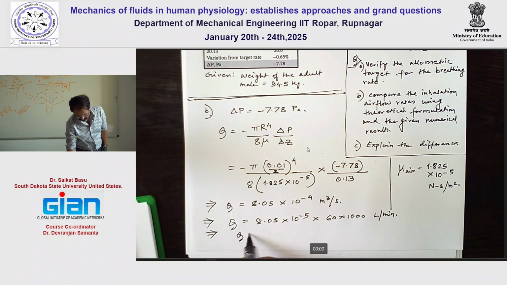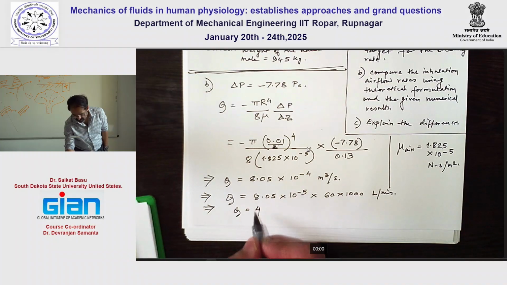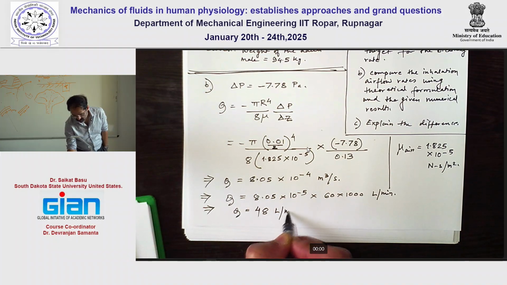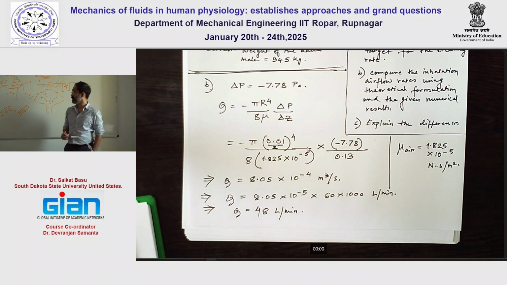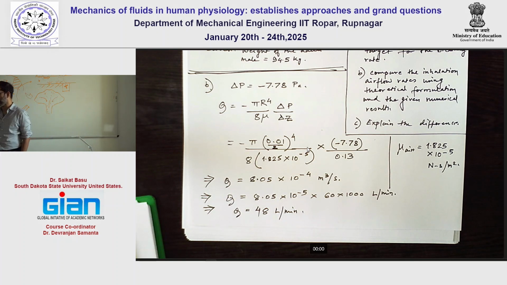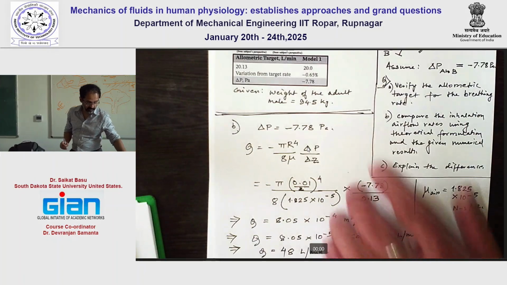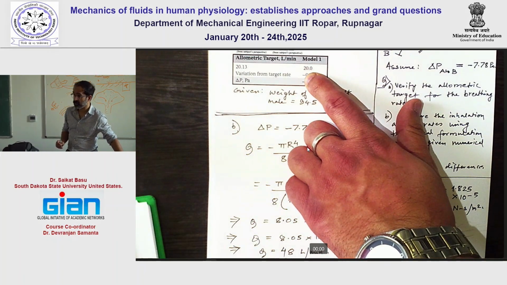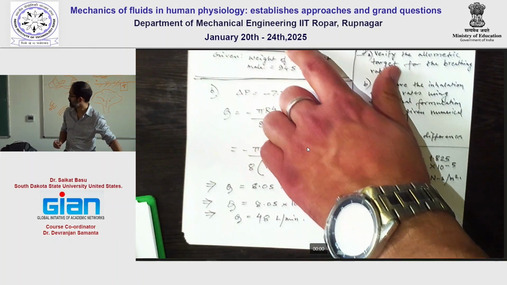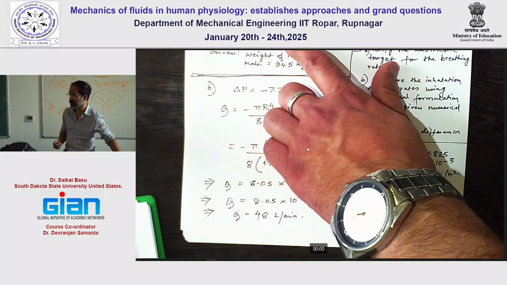So 48 liters per minute. So basically you see that the pressure drop of negative 7.78 pascals, which generated a flow of 20 liters per minute in the full scale 3D, generated a much faster flow of 48 liters per minute.